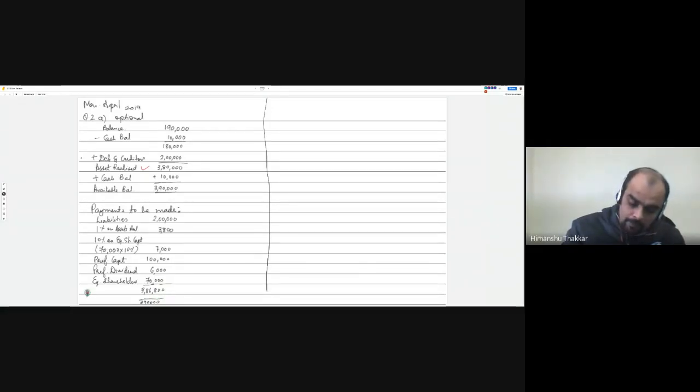plus 4%, sorry, plus that balancing figure, remuneration for unsecured creditors. Now the difference of the two comes out to 3 lakh 90 minus 3 lakh 86,800. The amount comes to 3,200.